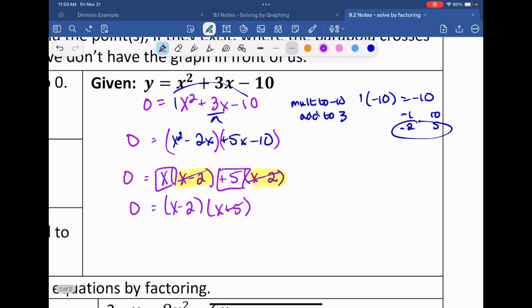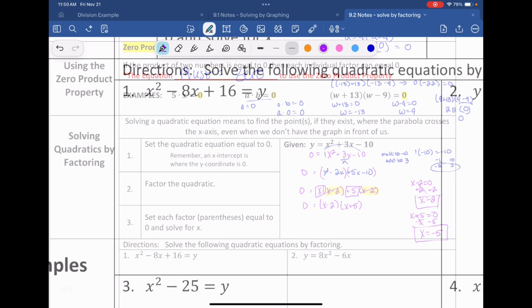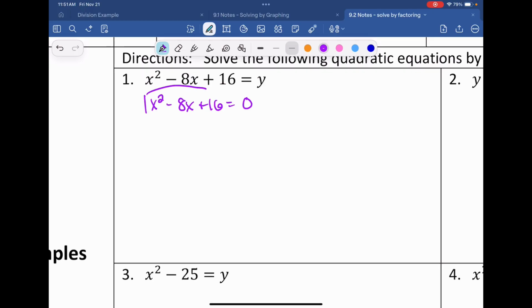Right, using the zero product property, we set each of these equal to 0. That one you're going to add 2. And that one you're going to subtract 5. All right, get the equation to equal 0. So I'm going to change y to 0. Multiply that. No GCF or anything on this one because it's x, 8x, and so on.